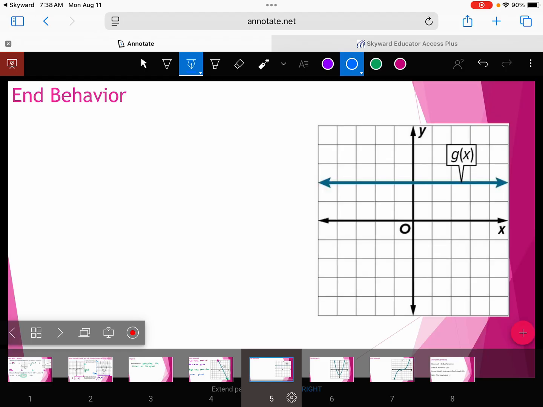The next one we're going to look at is this horizontal line. We've got another function. We're looking at this linear function. Again, our end behavior says we want to describe our left arrow and our right arrow.